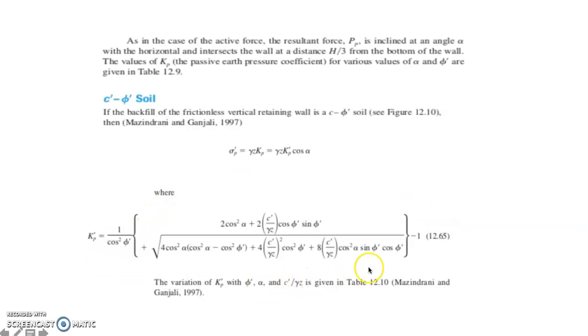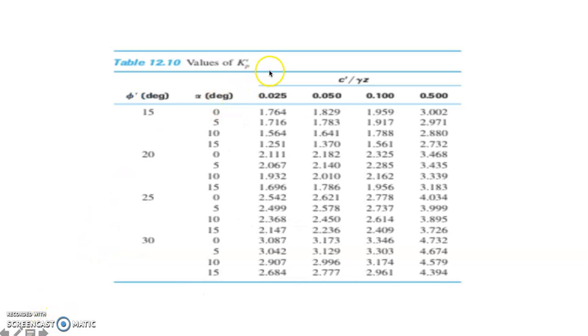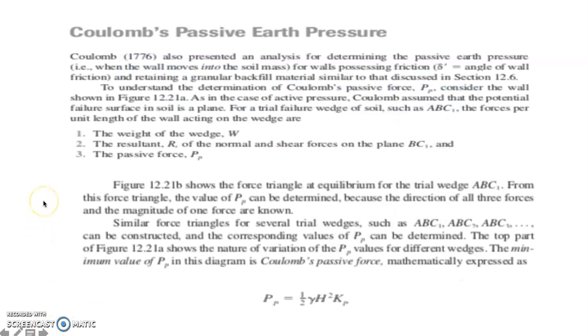So there's a formula that you're going to use so that you can have the value for K sub P prime. The values for K sub P prime, you can also get from this table. You have to know the value for phi prime, for alpha, and the ratio between C prime and gamma times Z.